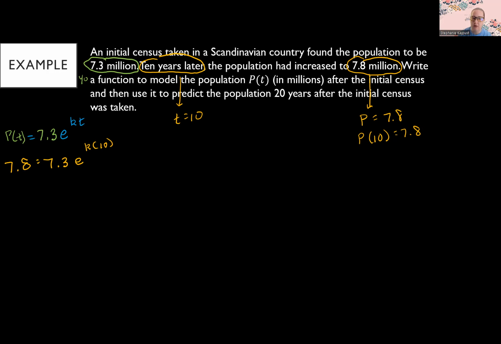So when you're solving this, you need to divide both sides by 7.3 because we need to get the e part by itself. So we're going to divide by 7.3 on both sides. And when you are doing this math, you want to write as many decimal places as possible, because if you write too few, you're going to have issues with your rounding, and then your answers at the end are going to be wrong.